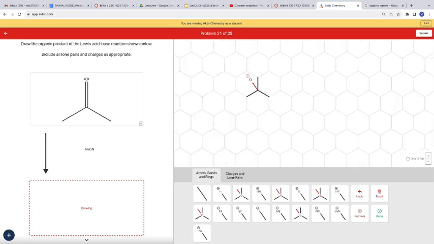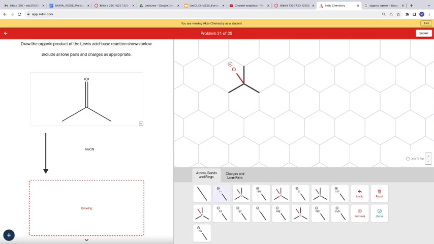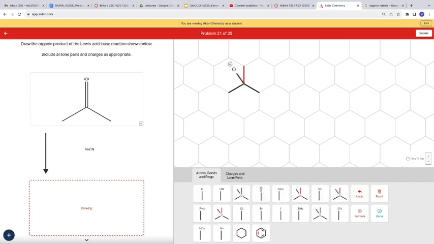Sorry, it's a little small. But that was the O negative, and then I need this one to be a CN. They do have a CN. See, the other day, I swear they didn't. This CN is problematic, though. Why is this CN a problem? It's right next to the O. Oh, no, see, there it is.